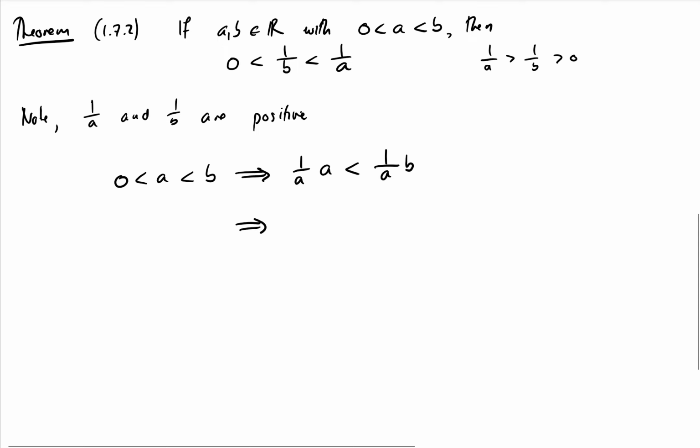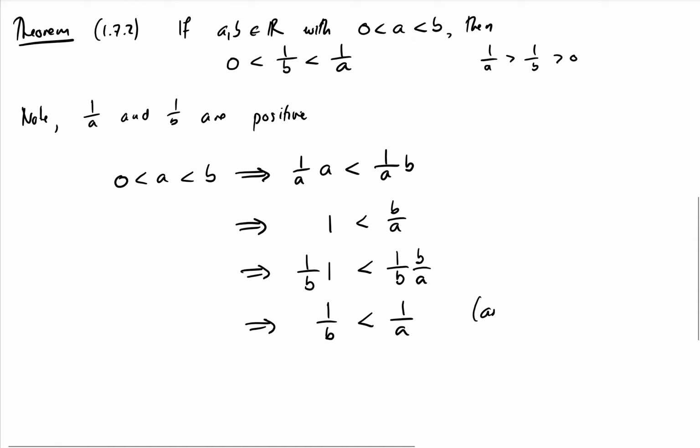This in turn implies, just tidying it up, that 1 is less than B over A. Do the same thing, we'll divide through both sides by B. 1 over B, again it's positive, so the inequality stays the right way around, is less than 1 over B times B over A. And just cleaning that one up gives us 1 over B is less than 1 over A as required.